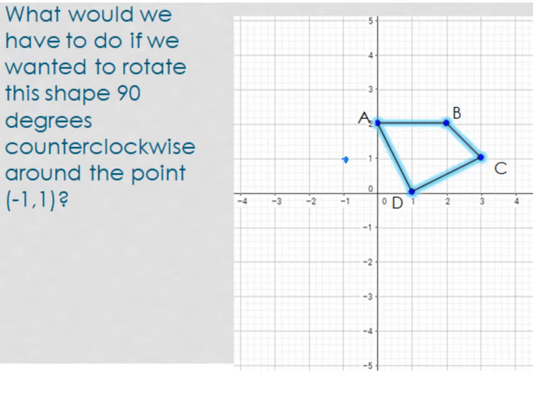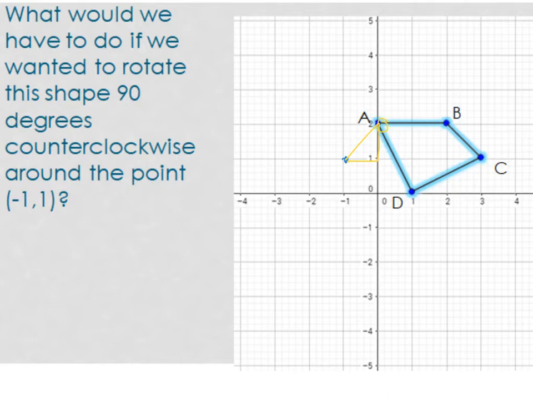Alright. One of my favorite ways of looking at this is with triangles. So if I were to draw a right triangle, like so, let's try that again. I like that much better. Okay, so that right triangle there, it's rotating on the point -1, 1, and I want to rotate this guy. So where would that end up?